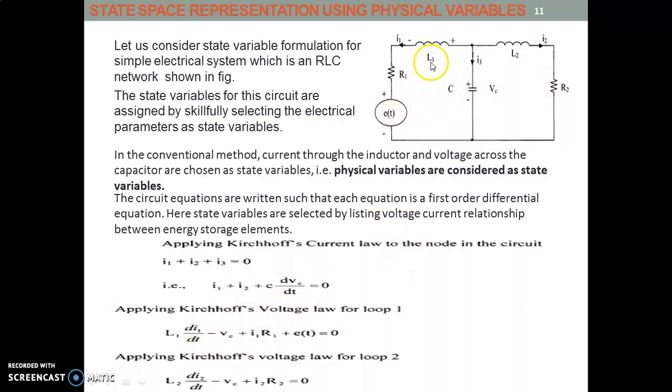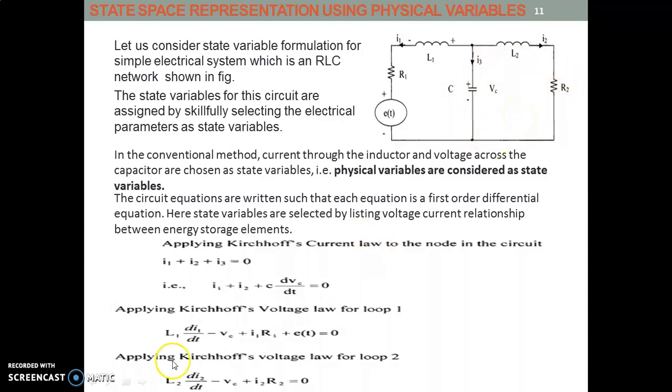So what will you get here? For loop 1: L1 into di by dt minus Vc plus R1 into I1 plus E of t is equal to 0. Similarly, apply KVL for the second loop: you will get L2 into di by dt minus Vc plus I2 into R2 equal to 0.